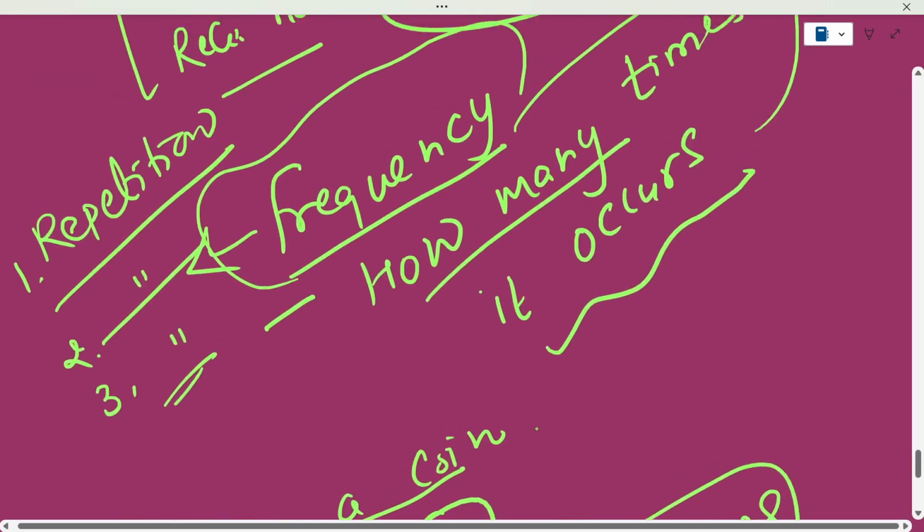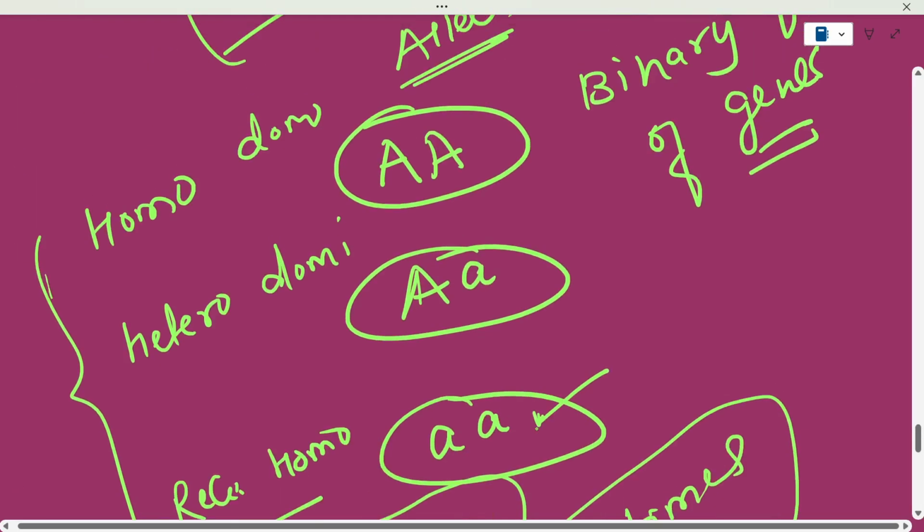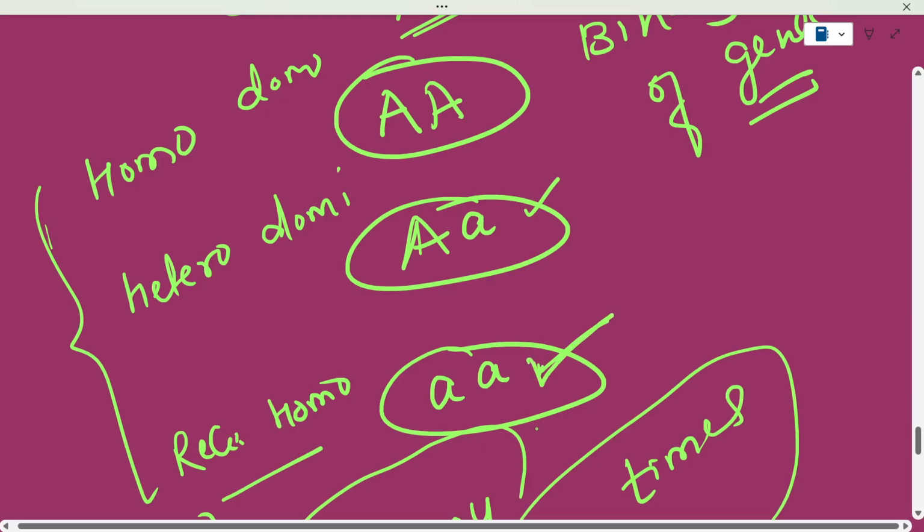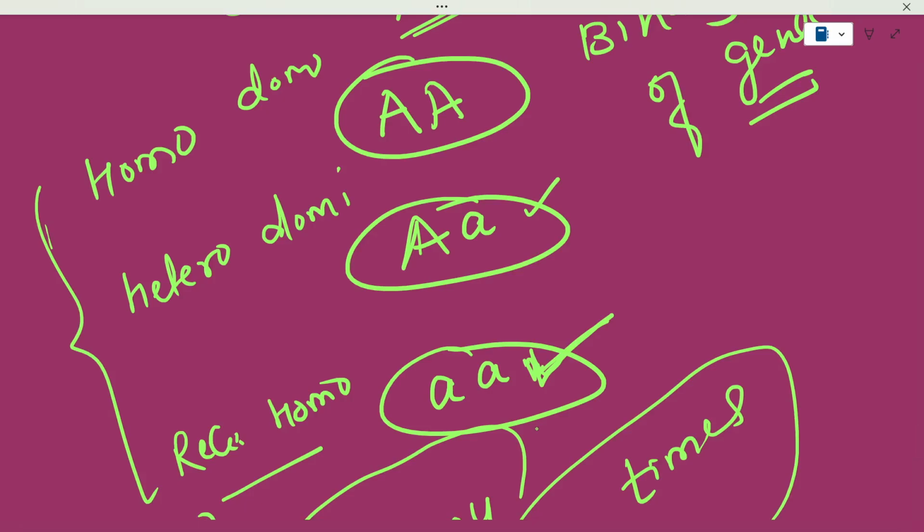Now in the same topic, frequency of alleles will be how frequently this binary form, this allele, this shape, this structure, these numbers appear in a population or in a group of population.